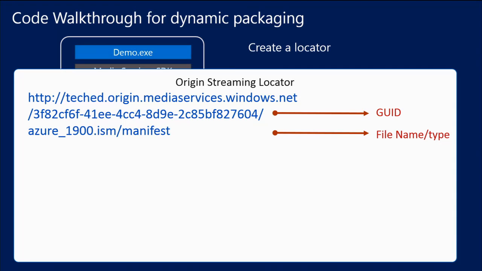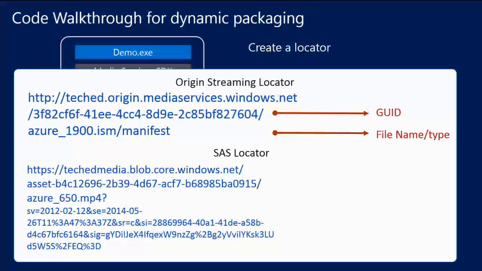And there's one important thing: by creating this locator, you could define a policy to say, I only want the file to be available for 2 months. That's my contract with the studio, and you'll be able to do that with an origin streaming locator. And lastly, the SAS locator. That's another type of locator that's used for progressive download files.